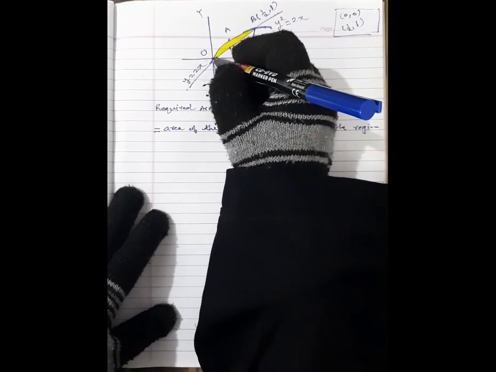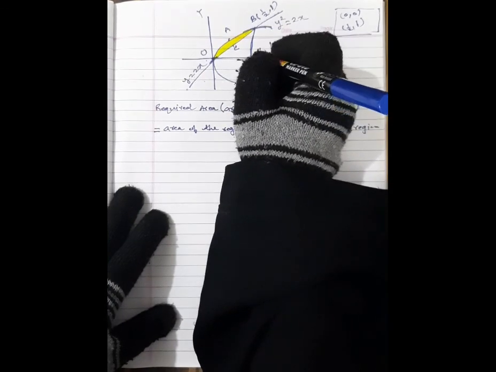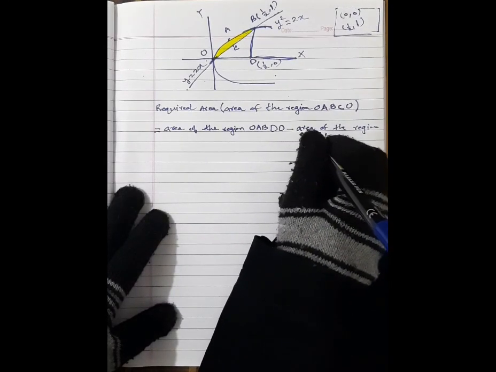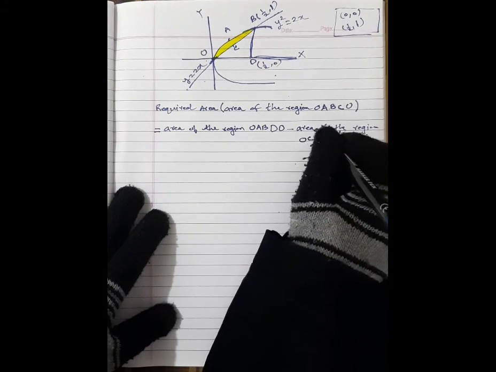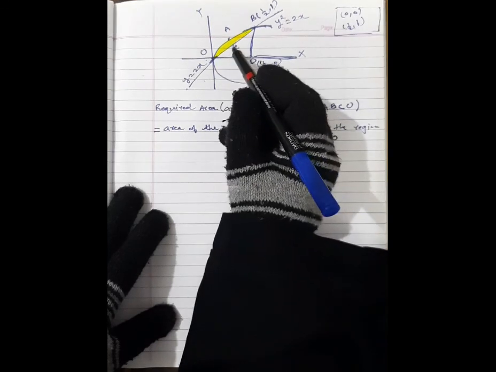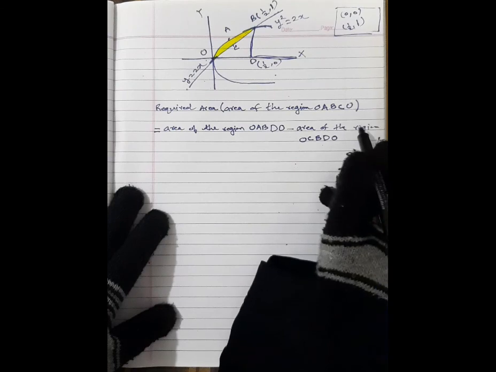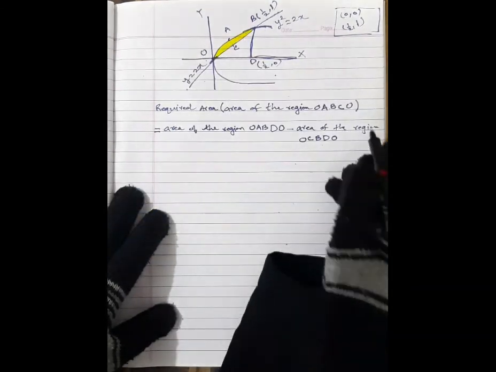What is the part? OCBDO. Getting the area of the region OCBDO. Here we will subtract. So this will be the area of the required portion.